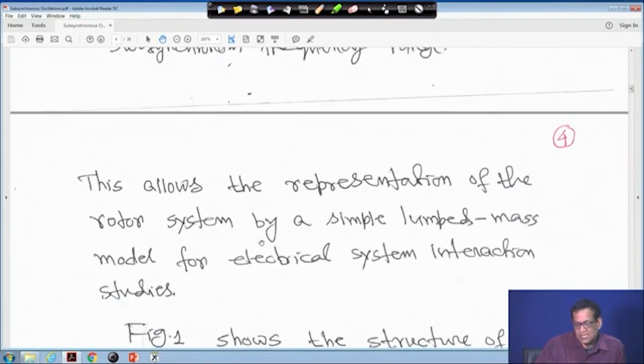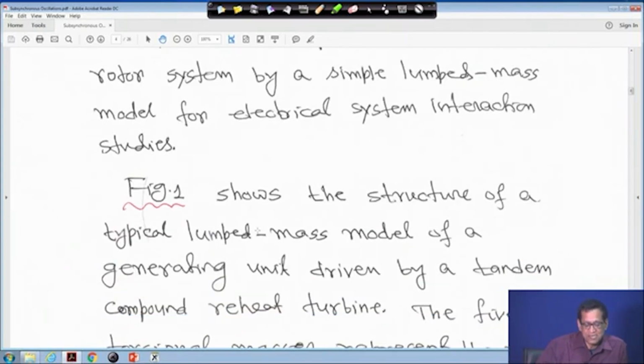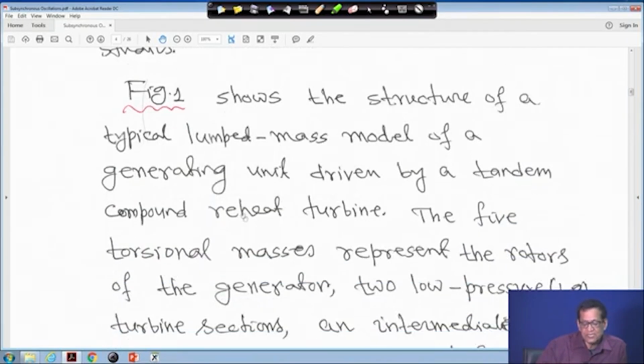This allows the representation of the rotor system by a simple lumped mass model for electrical system interaction studies. Now we come to figure 1, showing how we represent it. Figure 1 shows the structure of a typical lumped mass model of a generating unit driven by a tandem compound reheat turbine.